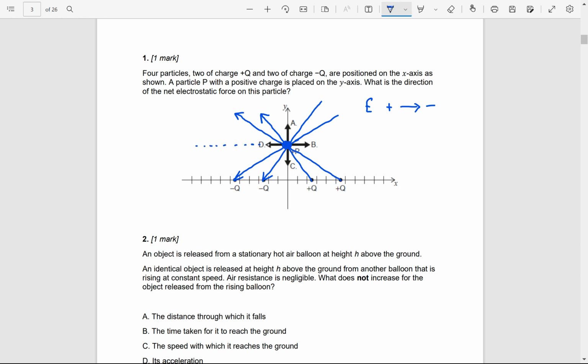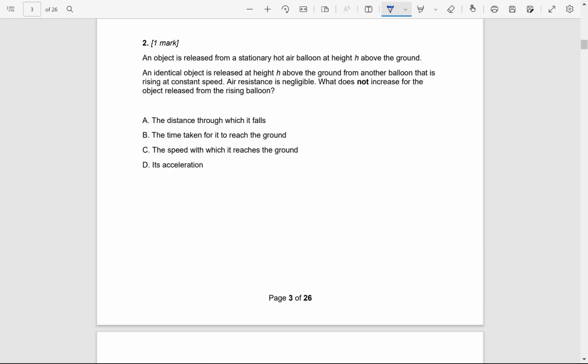So we can actually see that this is a line of symmetry, which is nice of them. So we've got this one and this one, and this one and this one. So the resultant of these four is direction D. So the answer is D.